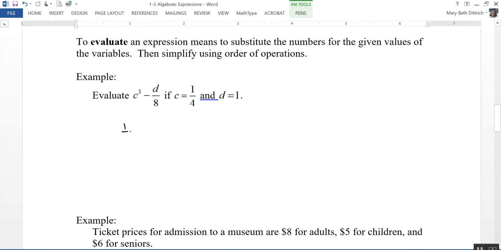So I'm going to have 1/4 to the third power minus 1 over 8. 1/4 to the third power is basically 1 cubed over 4 cubed, or 1 over 64, minus 1 over 8. And doing that subtraction, I get that that's negative 7 over 64.